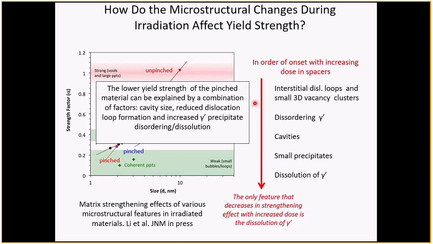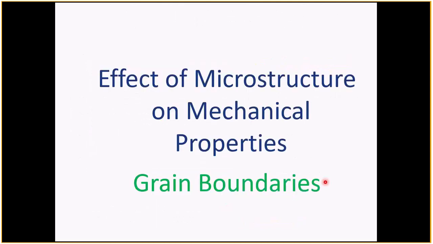The only thing going down, the only thing which is enhanced by increasing dose, is the dissolution of the gamma prime. So that's why over a long duration we have the drop in the yield strength of the material. It's becoming softer, and it's attributed to the dissolution of the gamma prime.